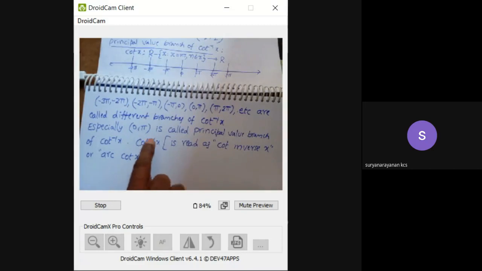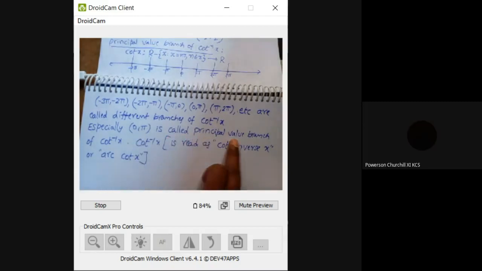Open interval 0 comma pi is called principal value branch of cot inverse x or arc cot x. Okay, Powerson Churchill. Open interval 0 comma pi is called principal value branch of cot inverse x.